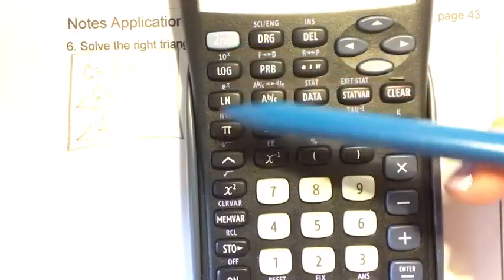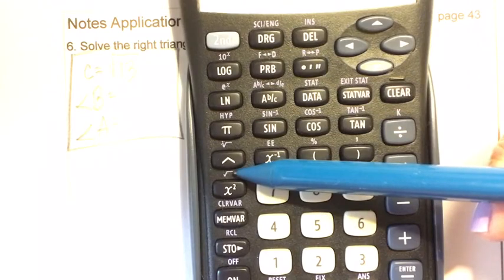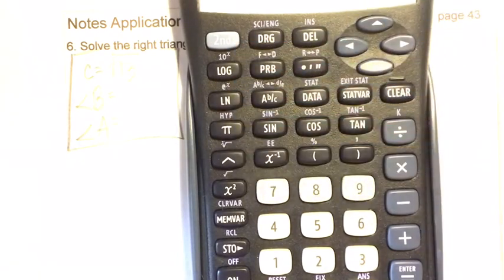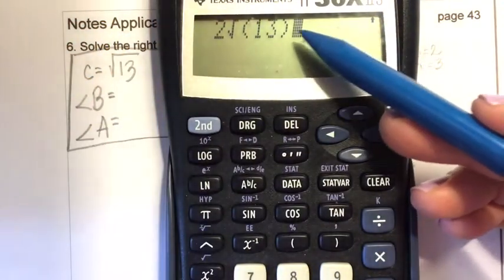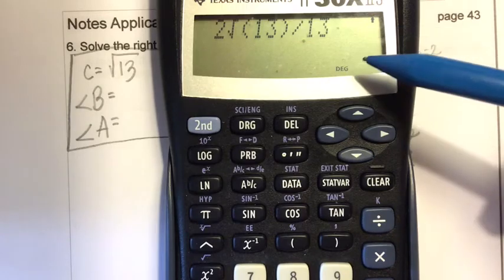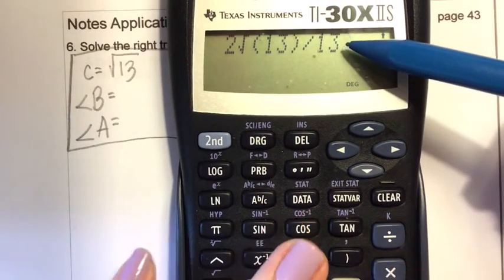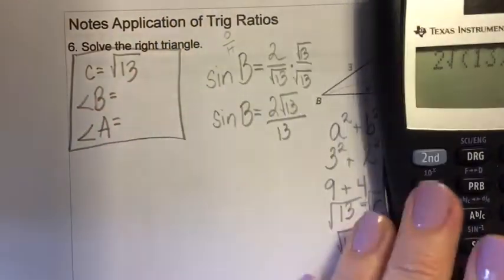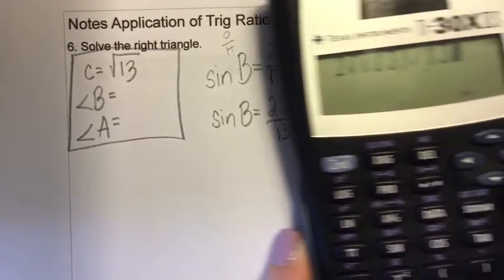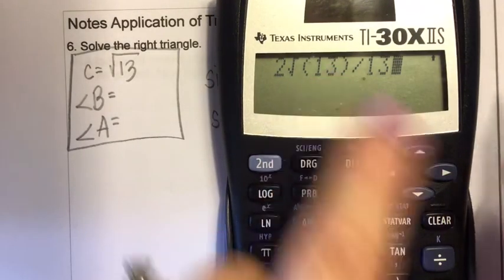To get square root, I see the square root symbol here in blue. So I press second square root, 13, and I close the parentheses because I want to divide by 13. What you see typed here is what is written here: 2 times the square root of 13 over 13.